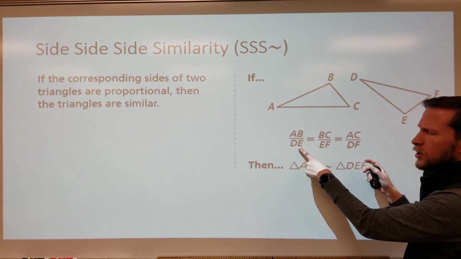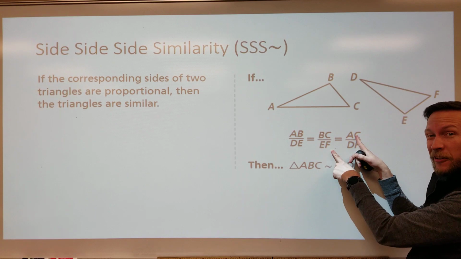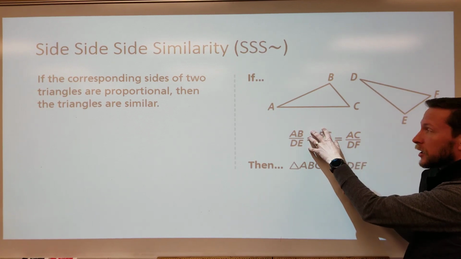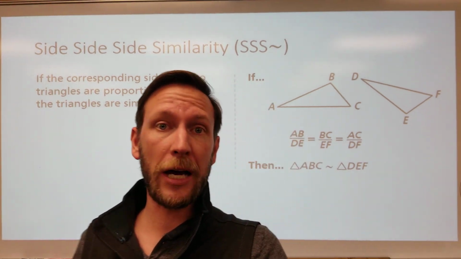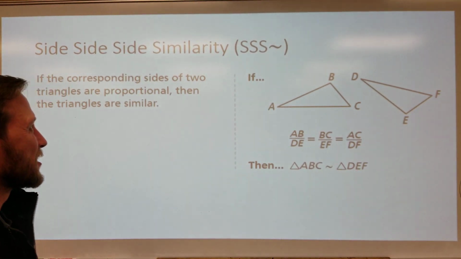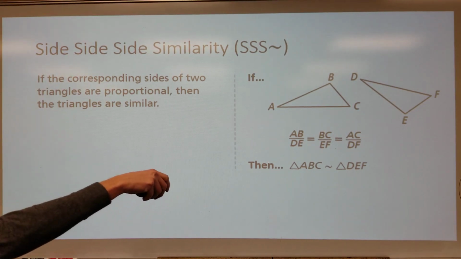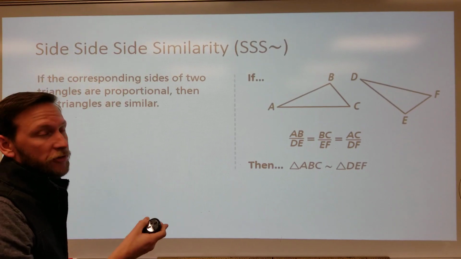If I say AB over DE is equal to AC over EF, it may not actually be equal there, but we still may have similar triangles and proportional sides, so we have to be attentive for which sides go where. I'll give you some strategies on that in just a little bit, so that when we write our proportions, we can confirm that we are dealing with the same k value, right?